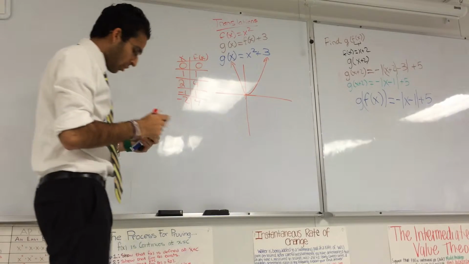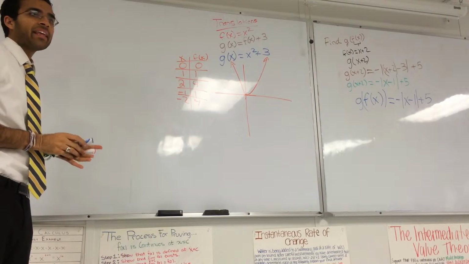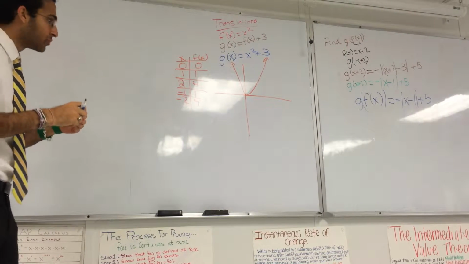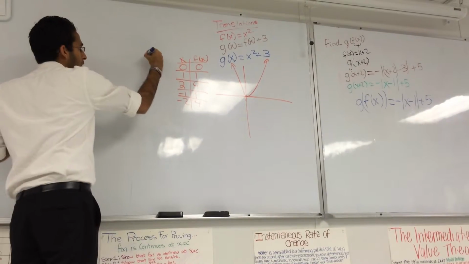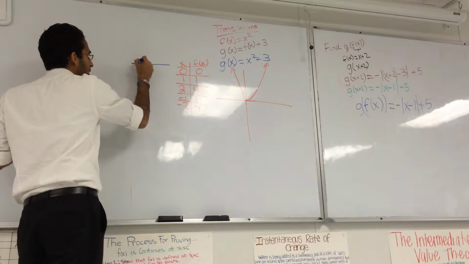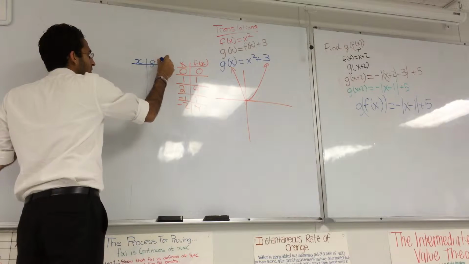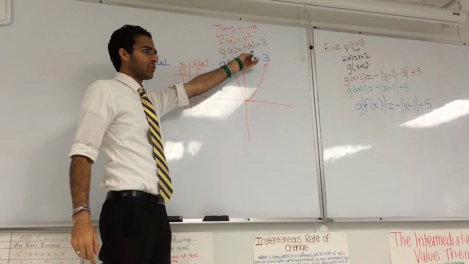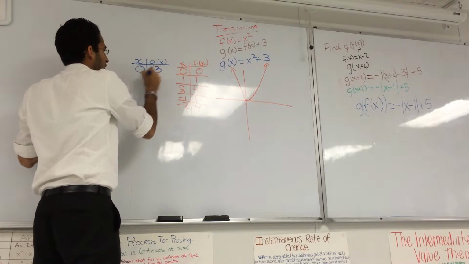Okay, now, if we want to graph g of x, we would do the following. Let's assume we had no idea how to do it. We'd build out a table. So x, g of x. When x is 0, 0 squared is 0, plus 3 is 3.